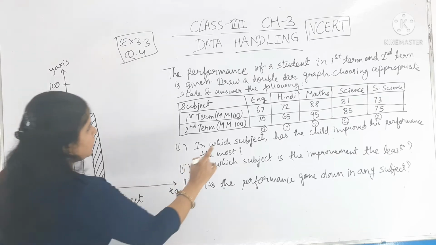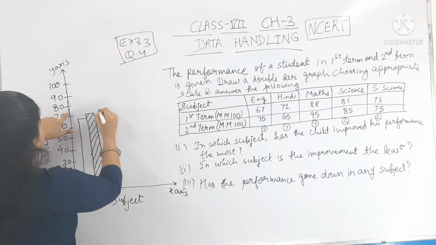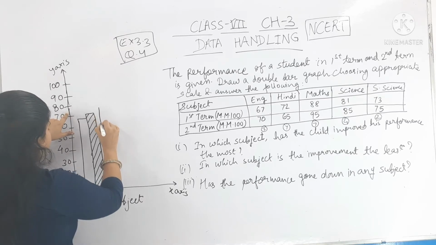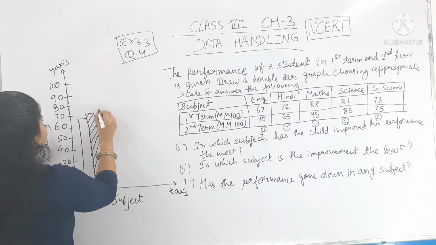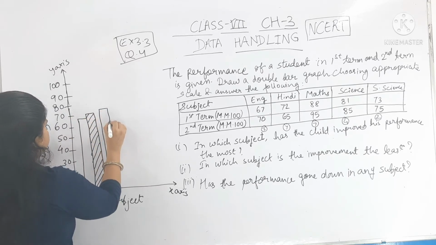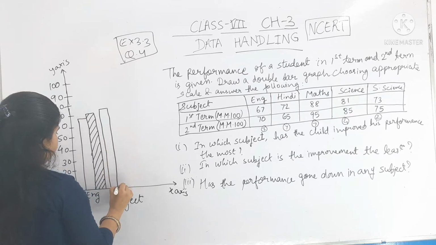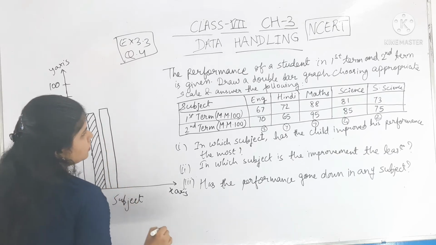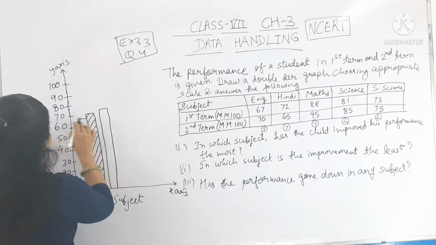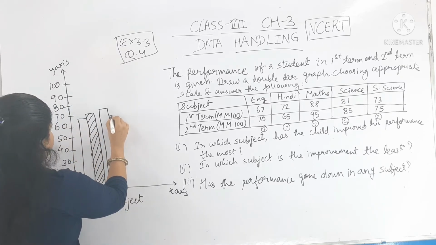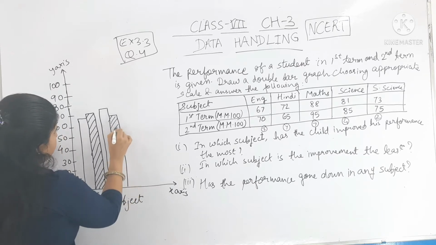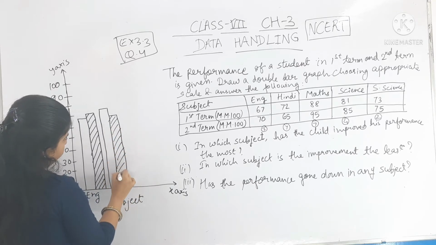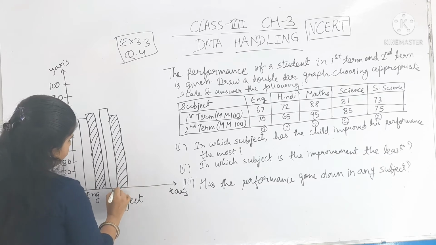Now come to Hindi. Student performance is 72 here, a little bit upper, above 70. And 65 in Hindi. So for second semester I make a design. This is for Hindi.